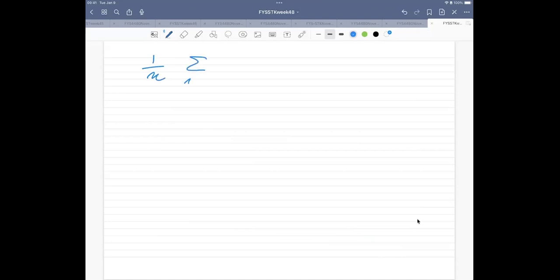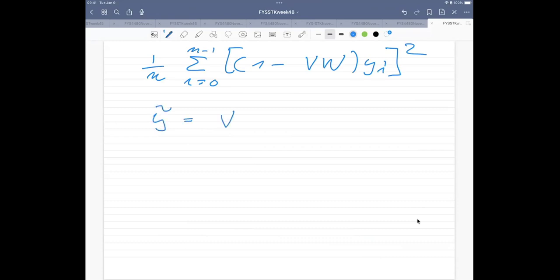And if we use the mean squared error as a kind of reconstruction error, what we had in the linear case was 1 minus, and then we had this vector W and matrix V and W, which define our transformations, and this is squared. So what it means is that our model Y tilde is given by V times W times Y.